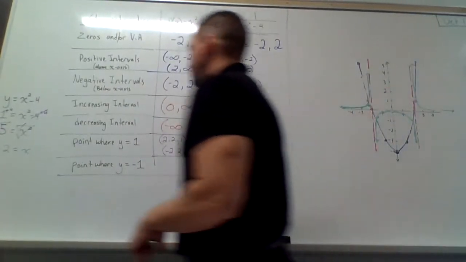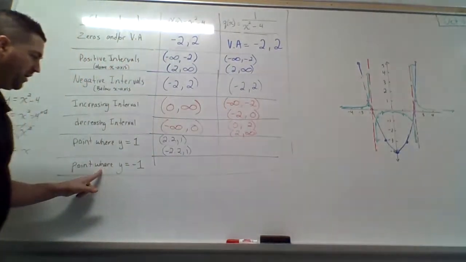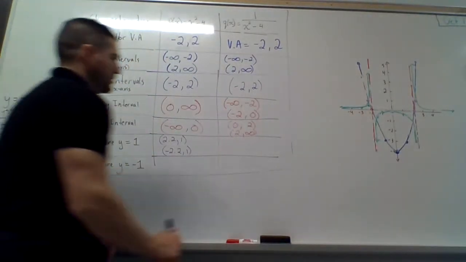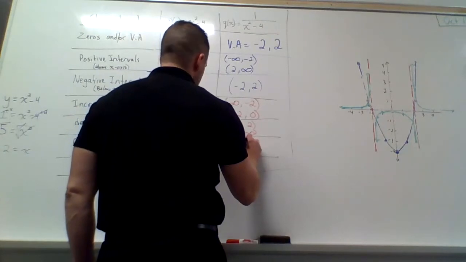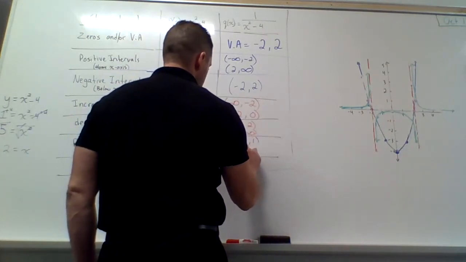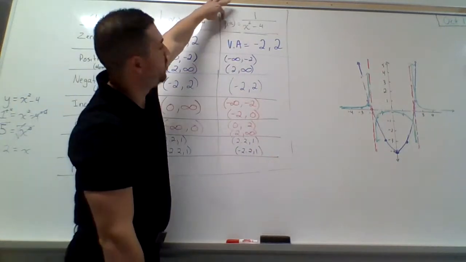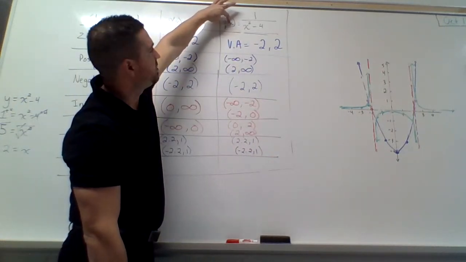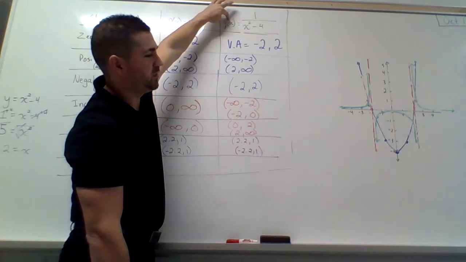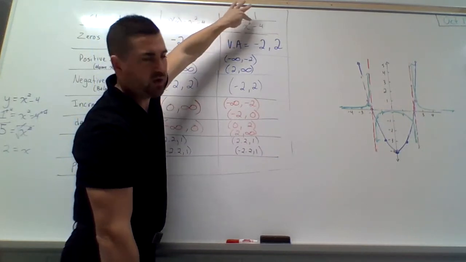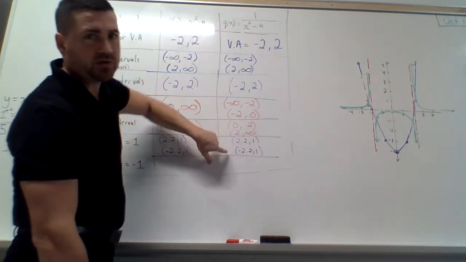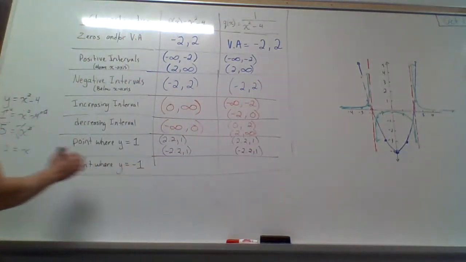Also, we want to know where the point is for y equals negative 1. If you were to substitute positive 1 for y here and solve for x, you would get the same points. Now we're going to do it for negative 1.